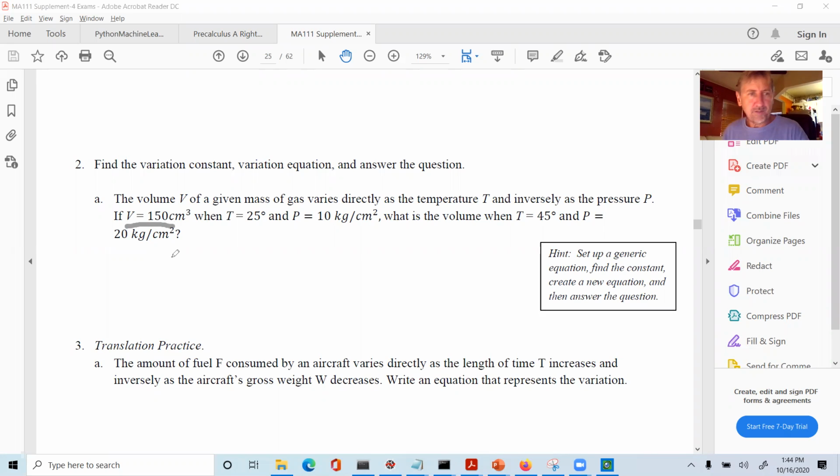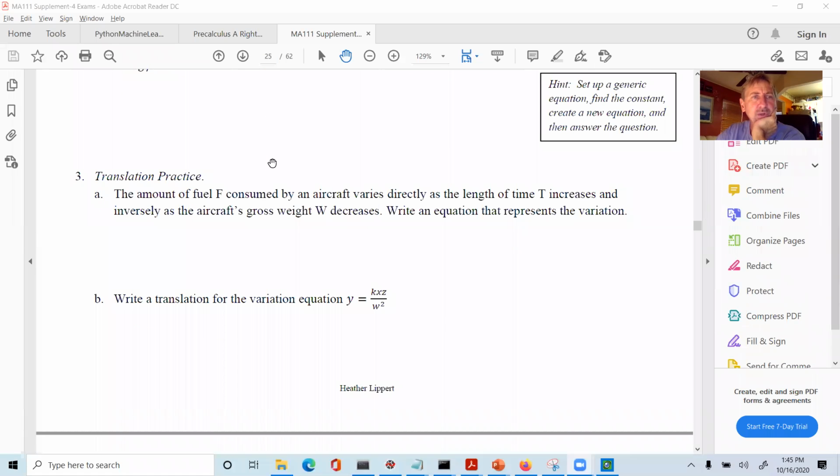All right, then we're just down to the last part. Okay, so translation. The amount of fuel consumed by an aircraft varies directly as the length of time increases.